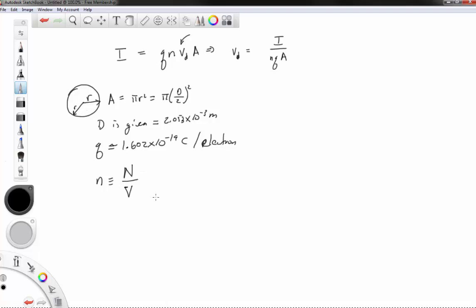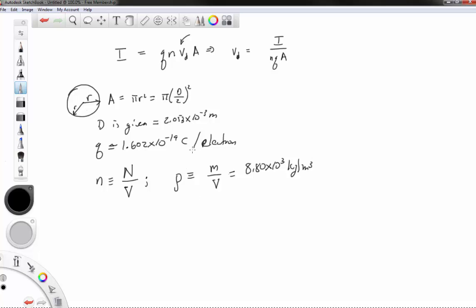So how are we going to do that? Well, we've been given rho, the density, so that is mass per unit volume, and that is given in this case as 8.80 times 10 to the 3 kilograms per cubic meter.